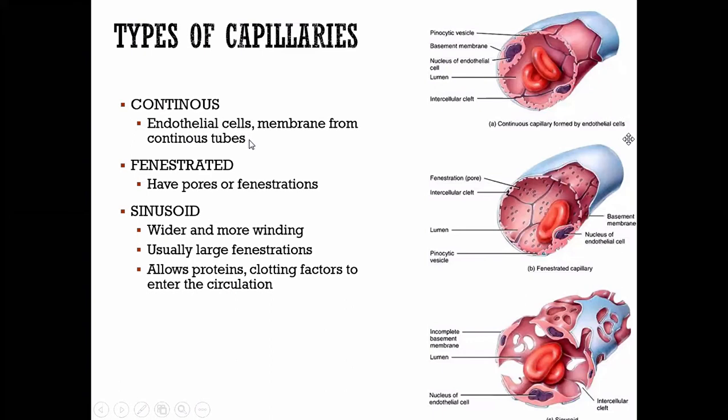Endothelial cells, membrane form continuous tubes, no? So this is continuous, that's why it is a continuous tube, walang butas, no holes. Okay. Fenestrated, you have pores or fenestrations, may butas. And then you have your sinusoid, wider and more winding, usually large fenestrations.